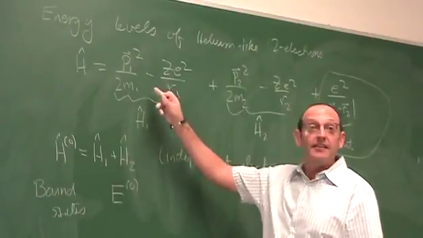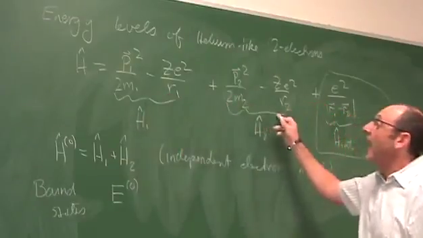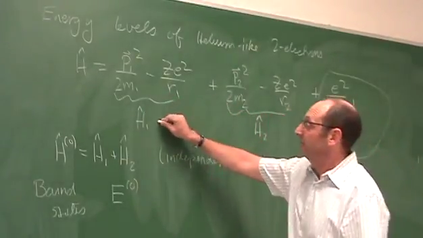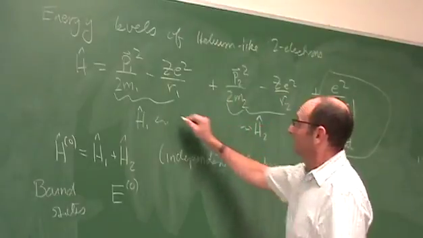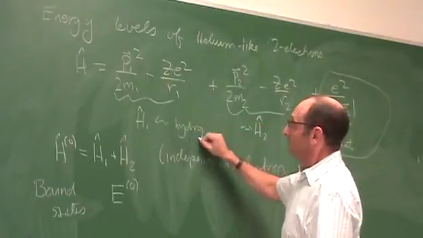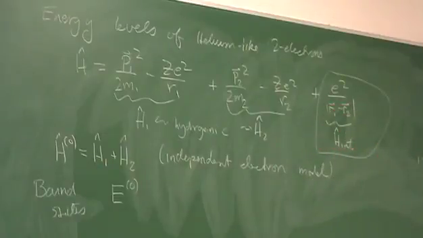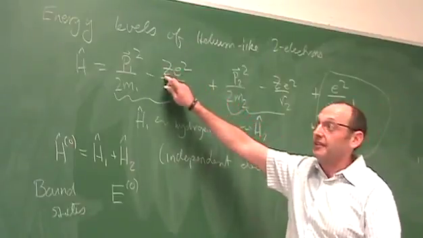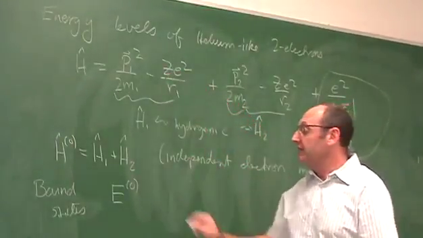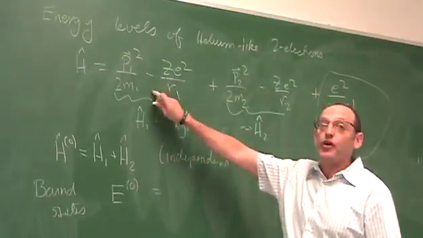And each one of these is, of course, just a hydrogenic Hamiltonian, right? That's to say, it involves one electron in the Coulomb potential of this nucleus. So what is the energy for each of these?